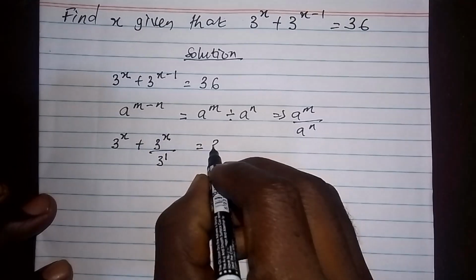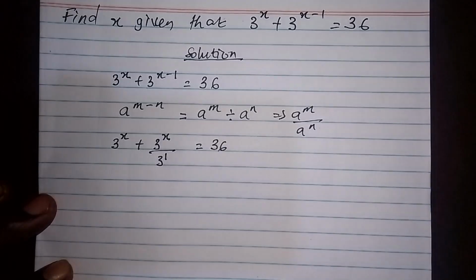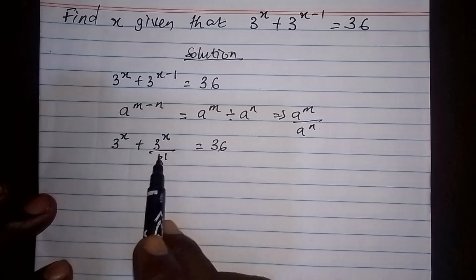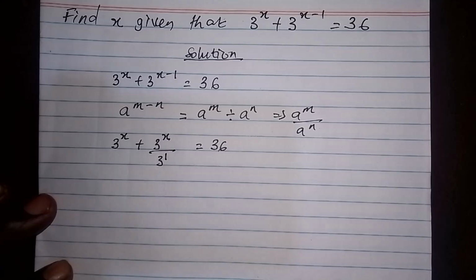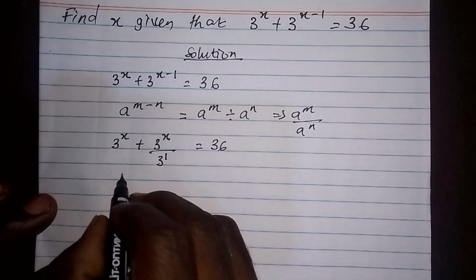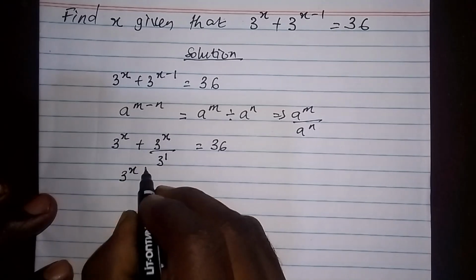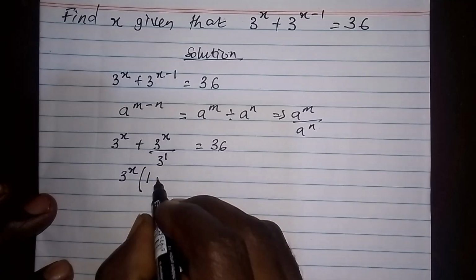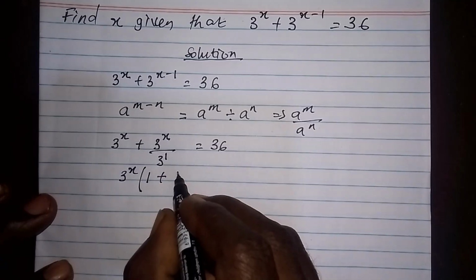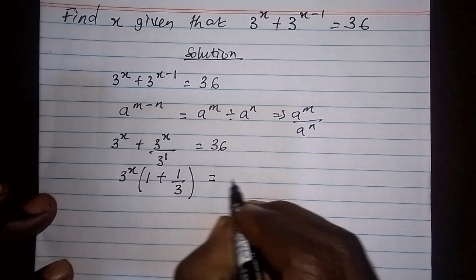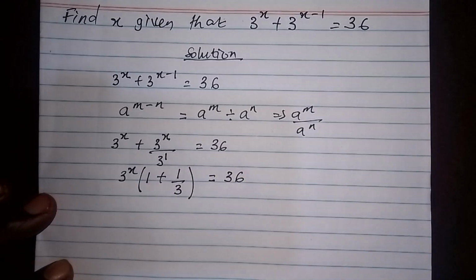This is equal to 36. From here, I have 3 raised to the power x, and I have 3 raised to the power x over 3 raised to the power 1. I can factorize 3 raised to the power x out, which is going to give us 3 raised to the power x. Now what is left here? Here it is left with 1 plus, what is left here, 1 on 3, close bracket, equals 36.